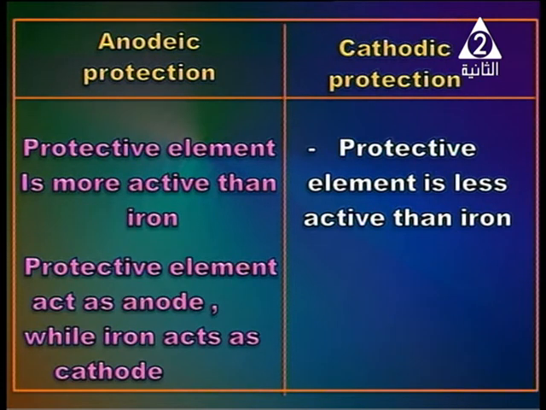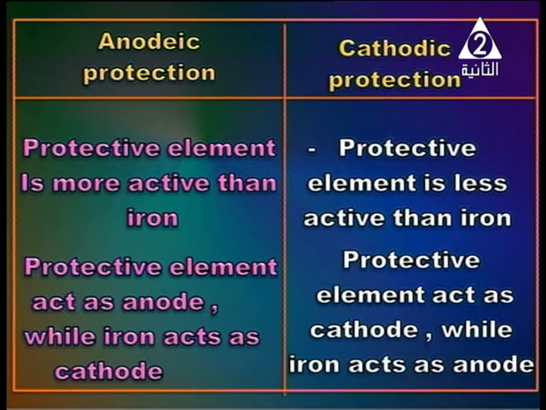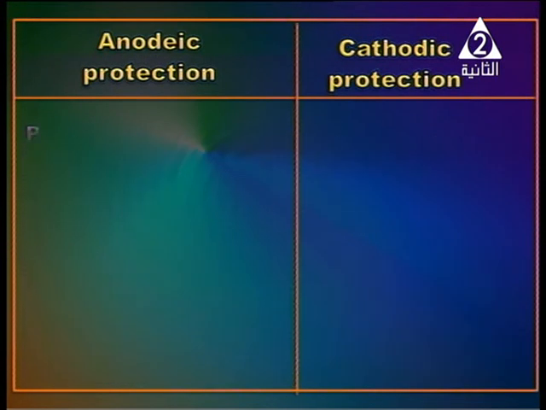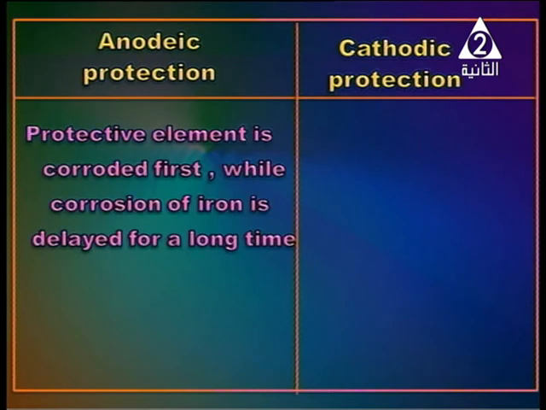In the anodic protection, the protective element acts as anode, while iron acts as cathode. It is reversed in cathodic protection. The protective element acts as cathode, while iron acts as anode. So, in the anodic protection, the protective element is corroded first, while corrosion of iron is delayed for a long time.